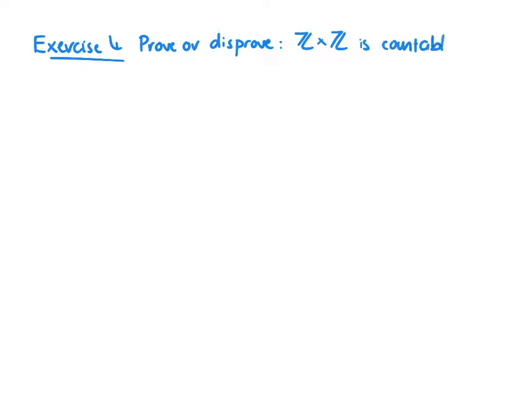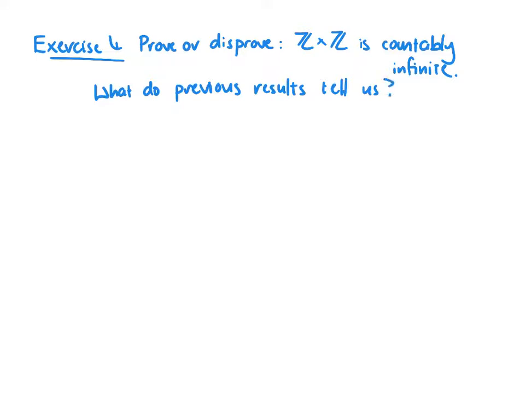Is it false? We need a proof or disproof of this statement. One way to think about this is, what do previous results tell us? Even if you haven't completed exercise 3, it may still be possible to say something about this exercise.